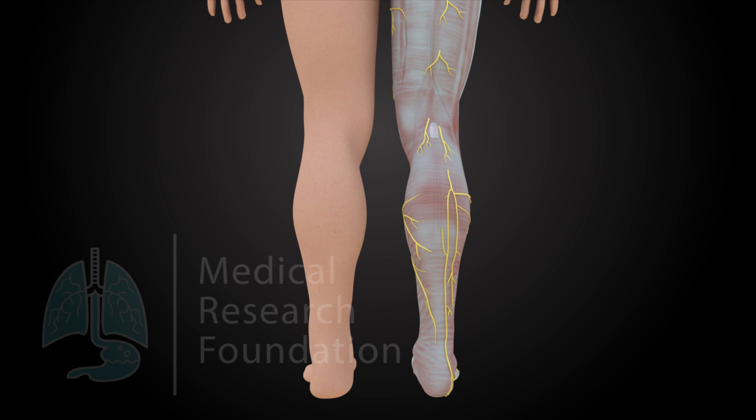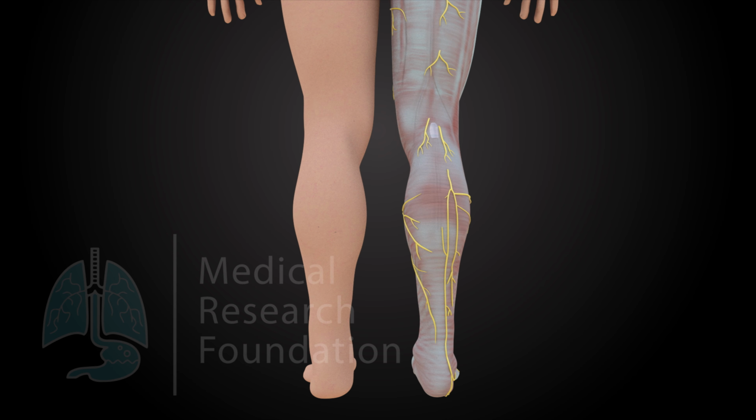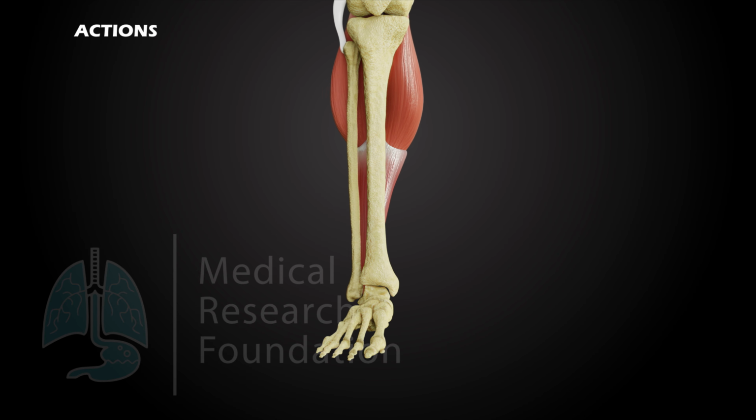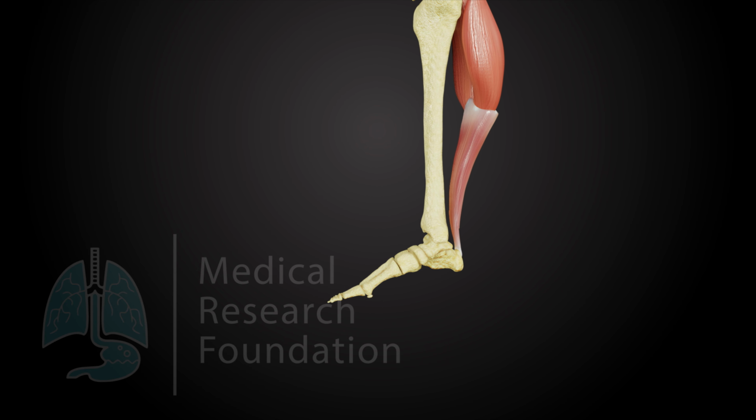The first branch supplies the muscle in the popliteal fossa from its superficial surface. The second branch supplies the muscle in the posterior compartment of the leg from its deep surface. Actions. It is a plantar flexor of the foot at the ankle.